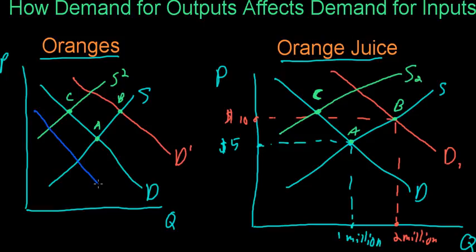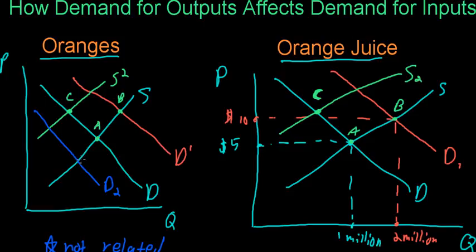And let's say that this is from a change in demand that is not related to orange juice, and I'm just going to put OJ. So let's say for some reason everyone thinks that oranges, the fruit, just taste really bad all of a sudden, and no one wants to eat them. So that is going to decrease the price of oranges.